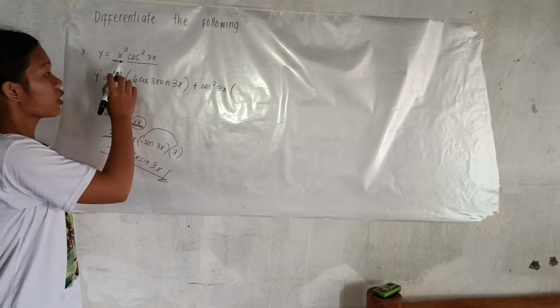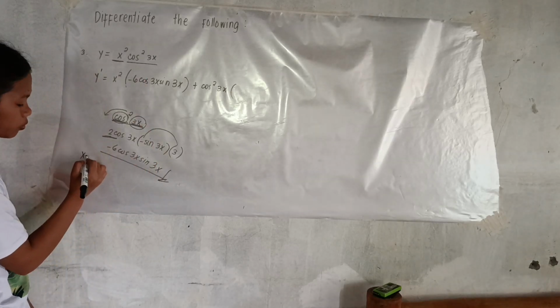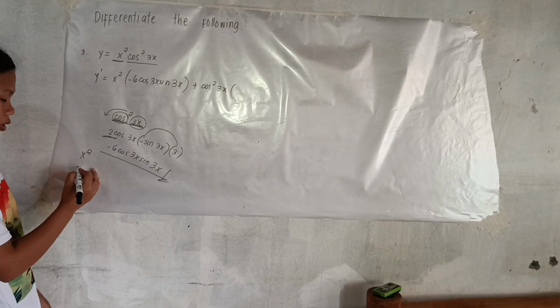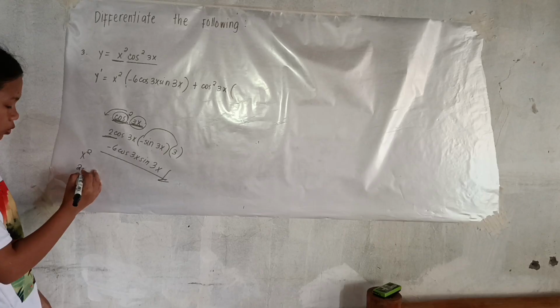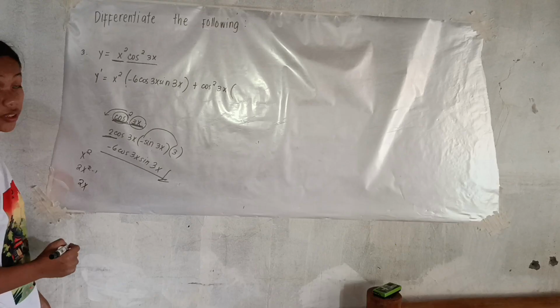multiplied by the derivative of the first term. For the derivative of the first term, we need to apply the power rule. So, 2x, 2 minus 1, so simply 2x.